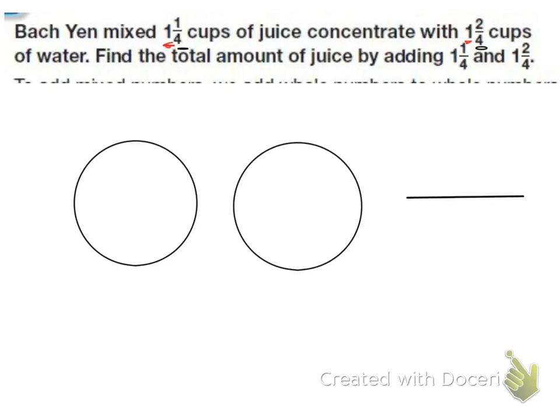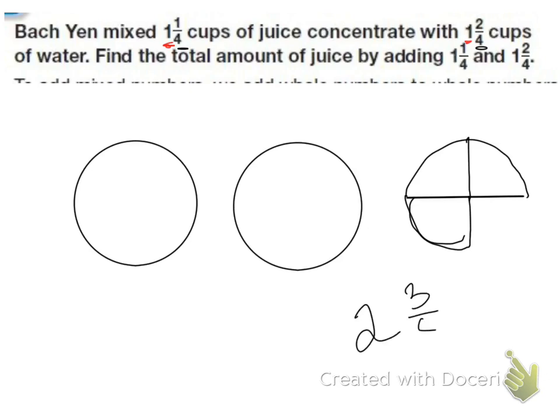So I'd end up with 2/4 of a circle, and then I'd add 1 more fourth of a circle. Okay, so you can see I end up with, at the end, 2 3/4 cups. So 1 1/4 plus 1 2/4 equals 2 3/4.